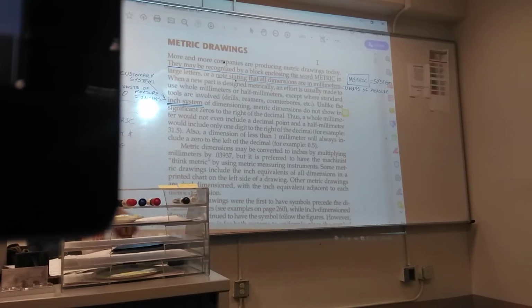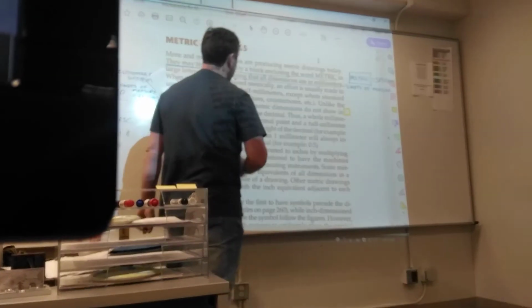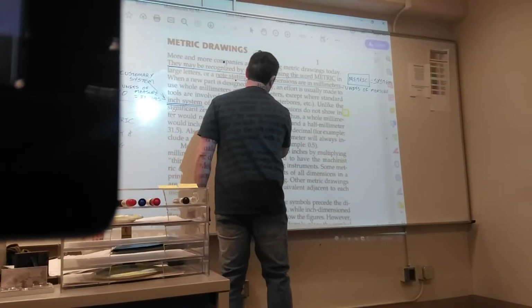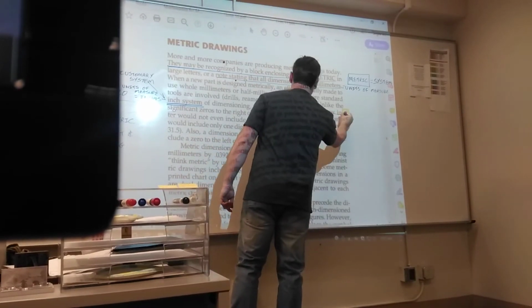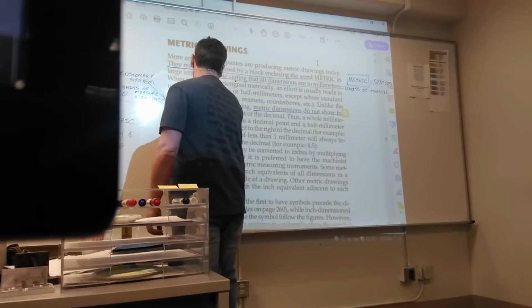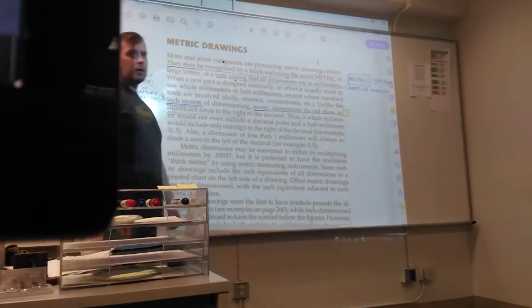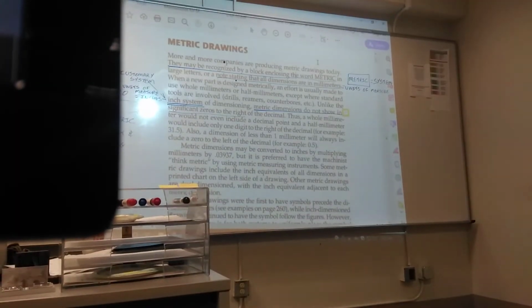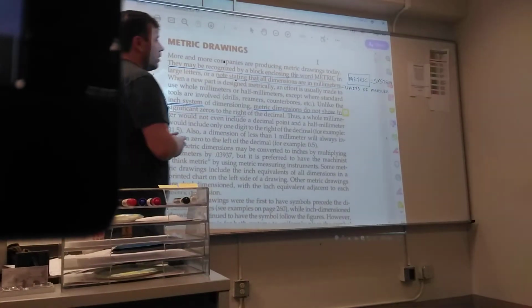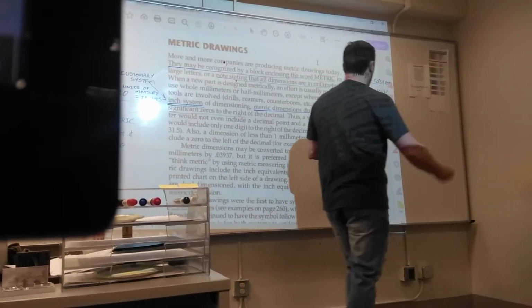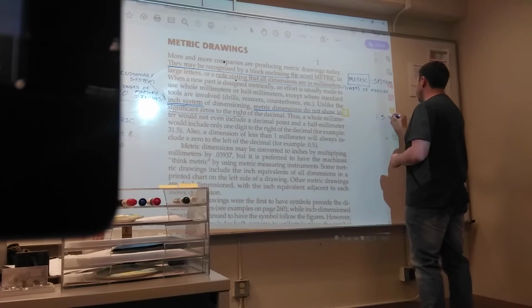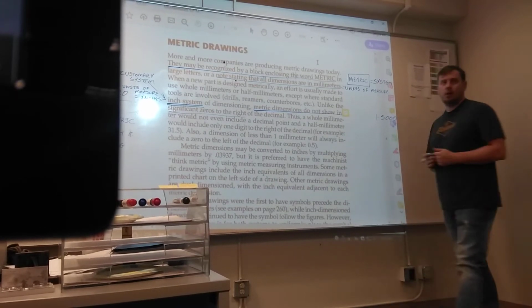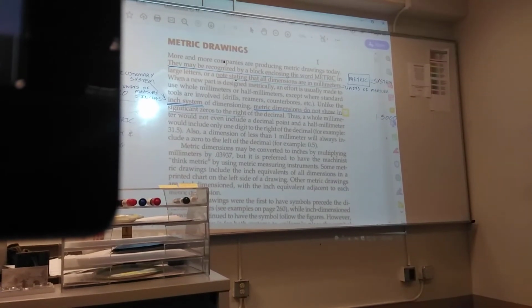Metric dimensions, however, do not show insignificant zeros. So in the inch system, if you've got a really important dimension, you might put a bunch of zeros at the end. What does that do for you?